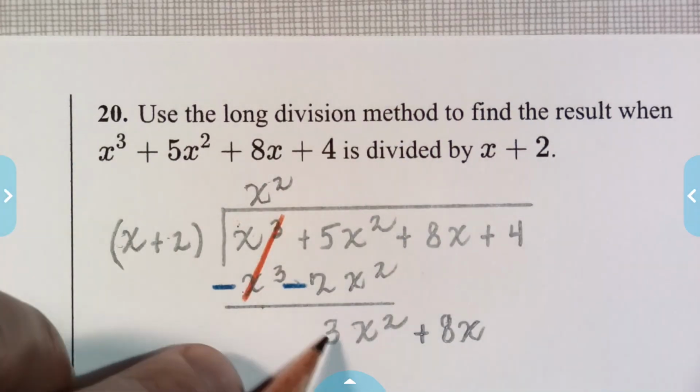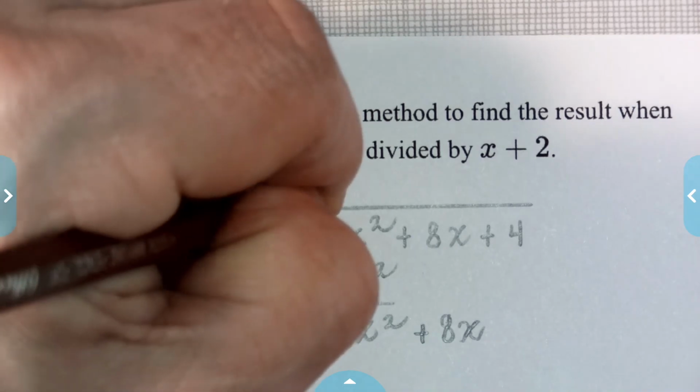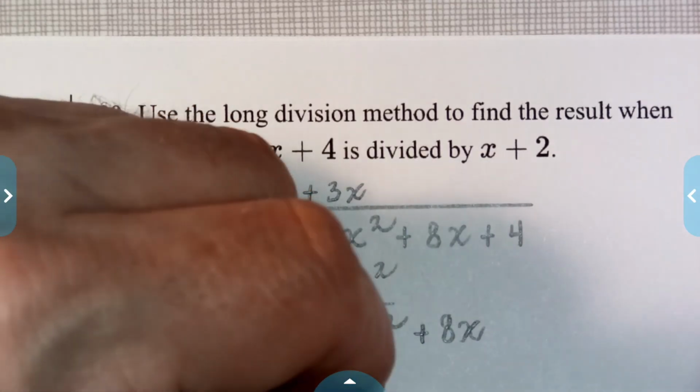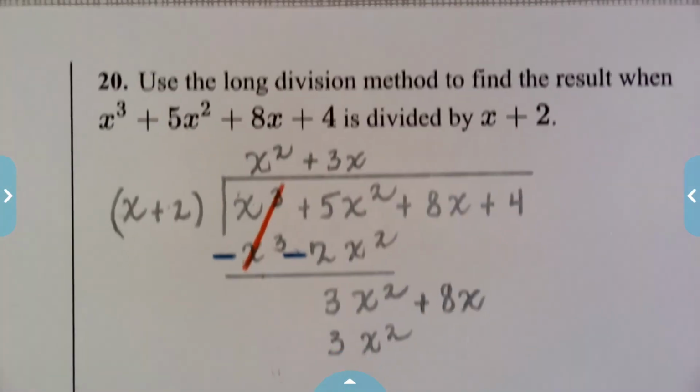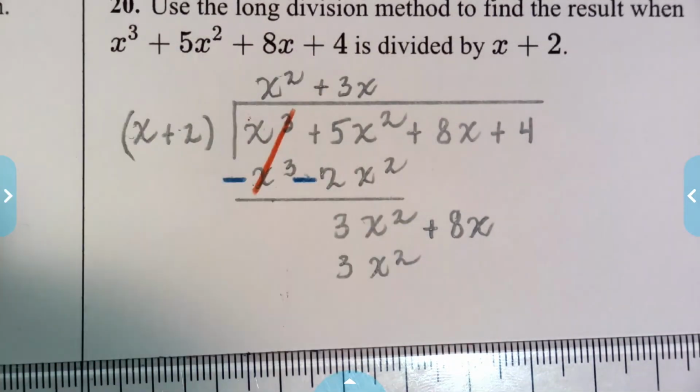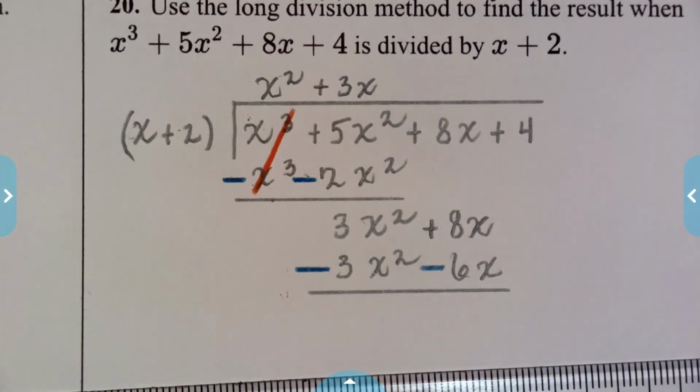What times x will be 3x squared? Well, plus 3x. Now 3x times x is 3x squared. And 3x times 2 is 6x. Draw a line, change both signs. These cancel out. You're left with 2x plus 4.